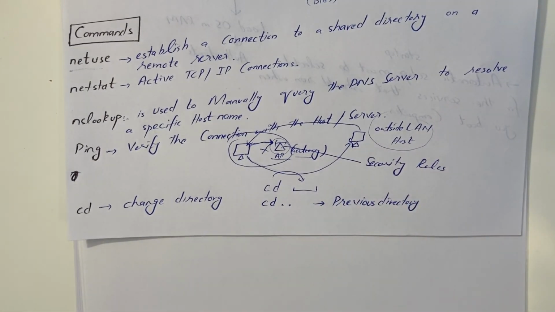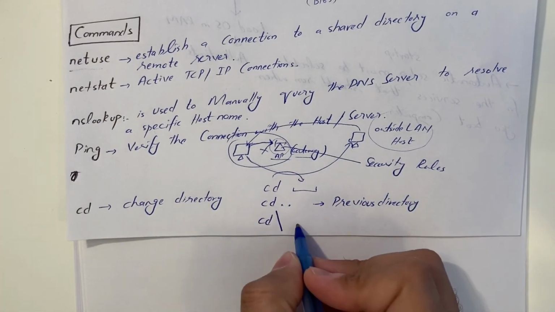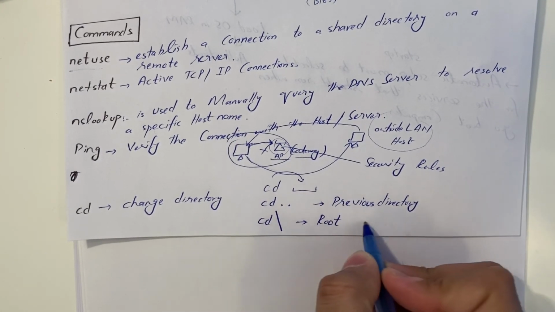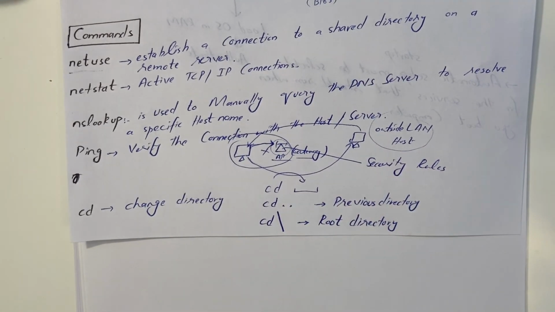Like if you are in desktop, you can actually go out to the C drive as well. If you type cd /, it means you are trying to get into the root directory. Okay, we will use these commands in our lab to see how they actually work.